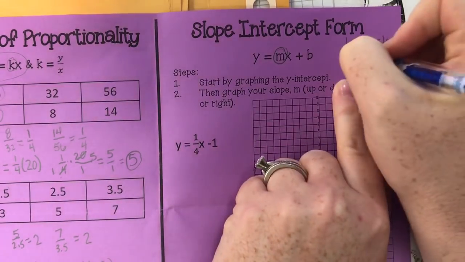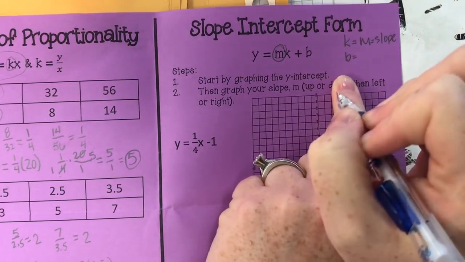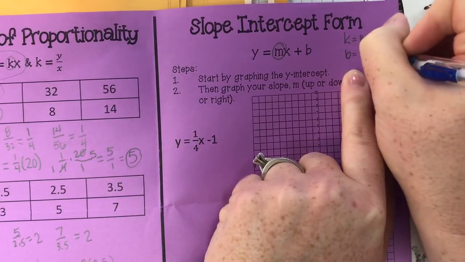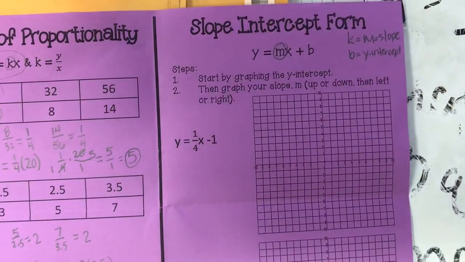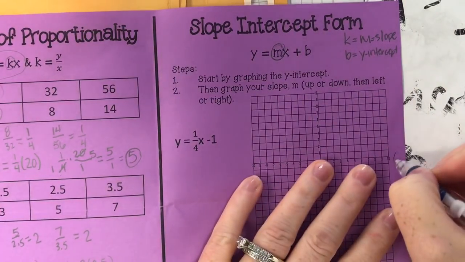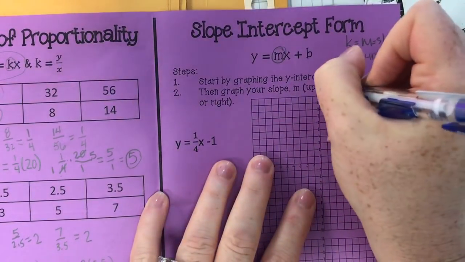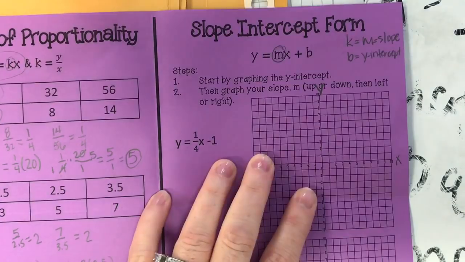So, what is our b? Anybody remember? It's that y-intercept. Okay? Remember that y-intercept means where it crosses the y-axis. So, this is your x-axis. This is your y-axis, okay?